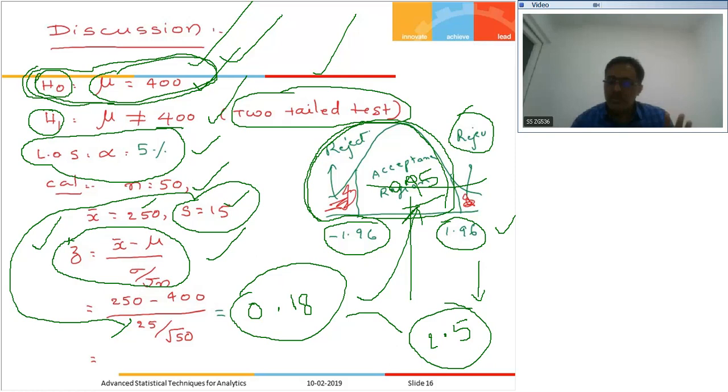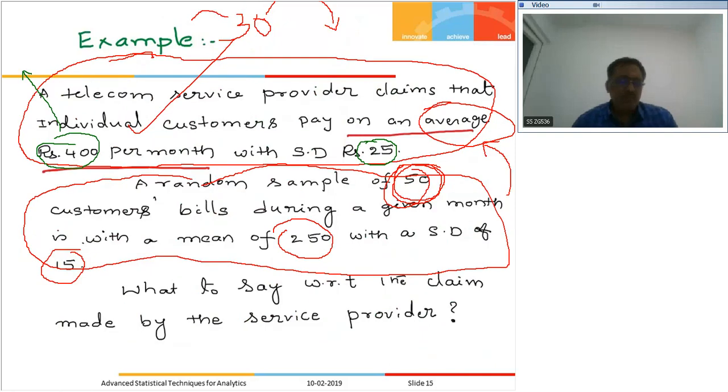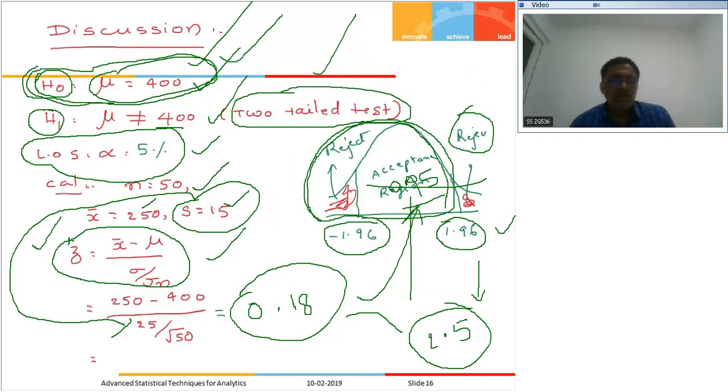I hope you got this because most of the messages related to this only: how we got 5%. Can you please explain the same terms on how the X value? I will explain, no issue.